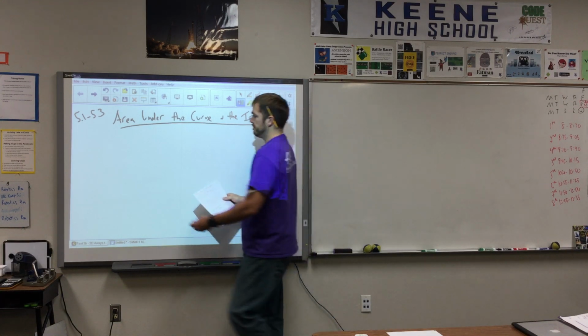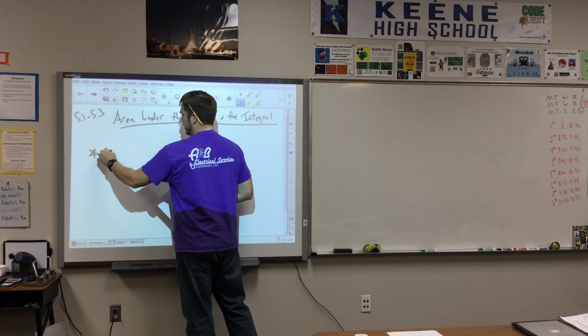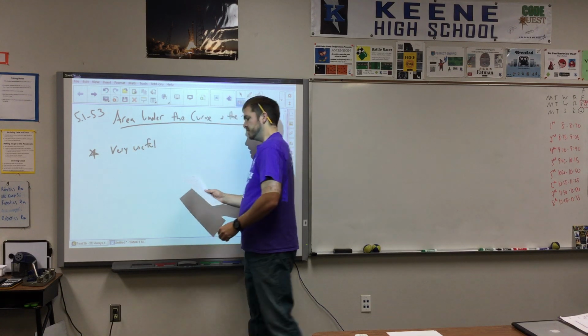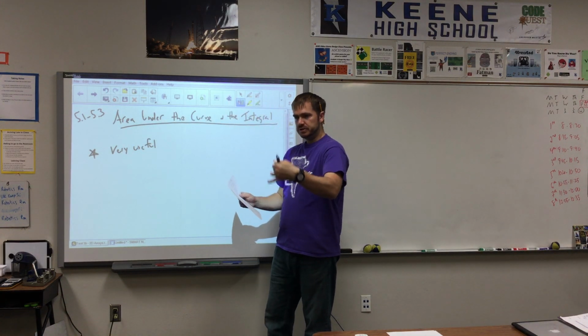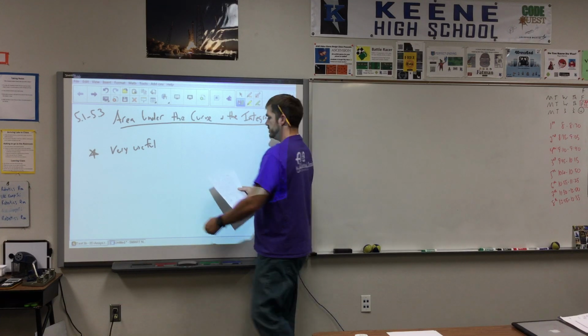So it turns out, in lots of different situations, that it is very useful to know the area under f of x and above the x-axis in between 2 points.